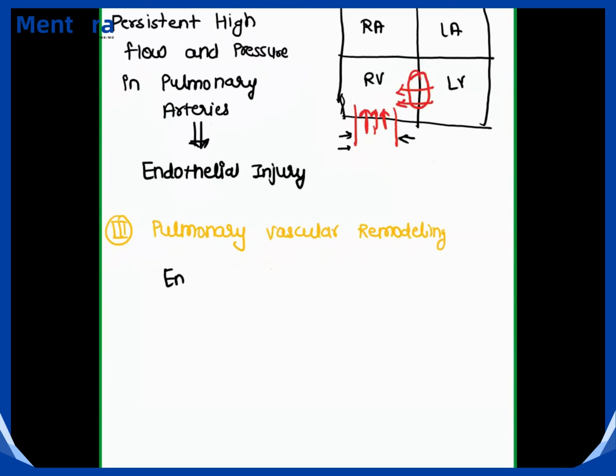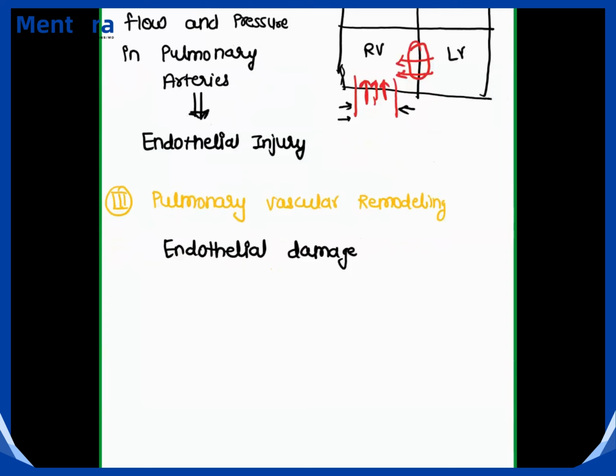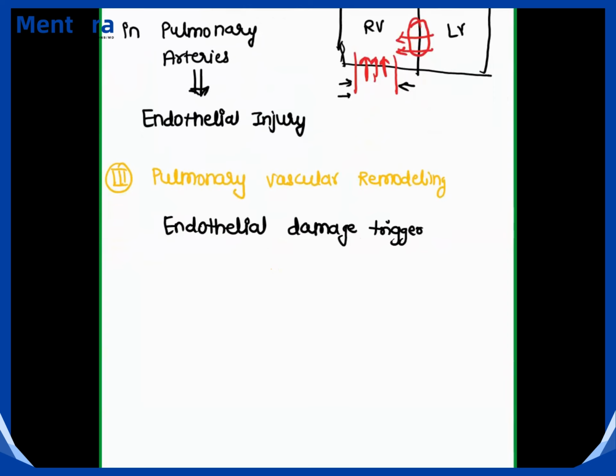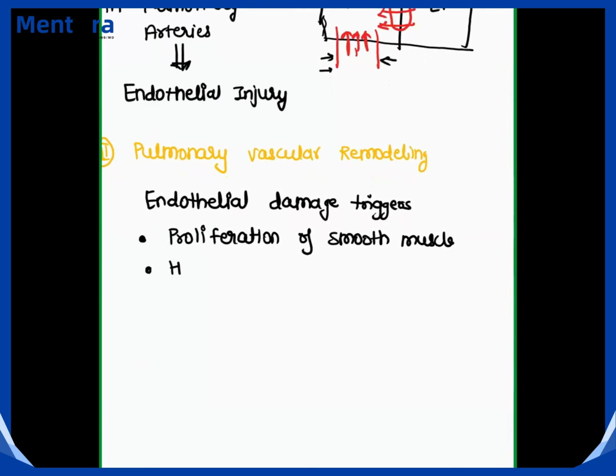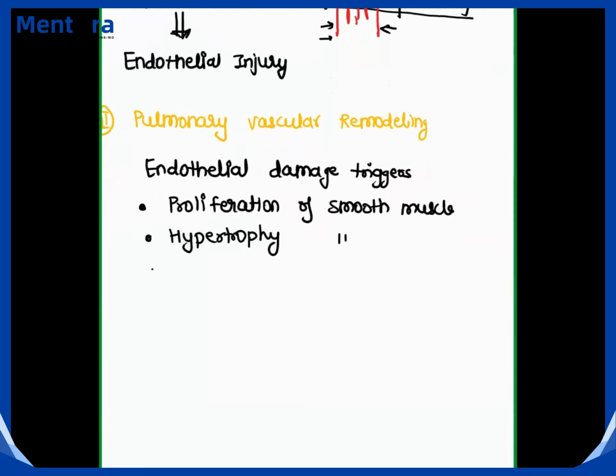So this endothelial damage triggers proliferation of smooth muscle, hypertrophy of smooth muscle, loss of capillary bed, and ultimately fibrosis and thickening.